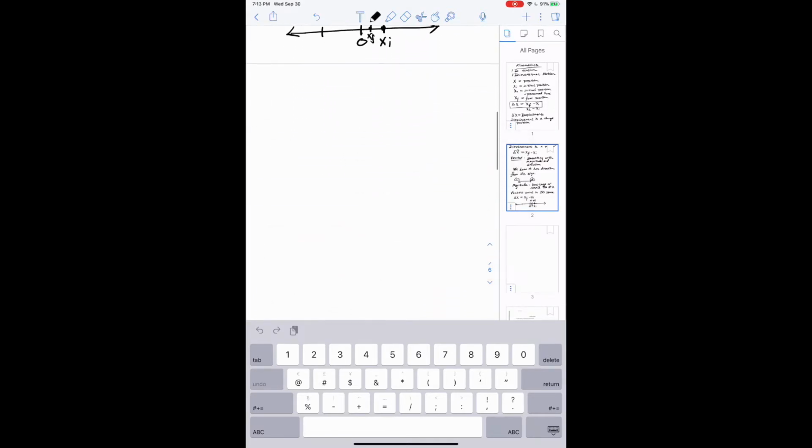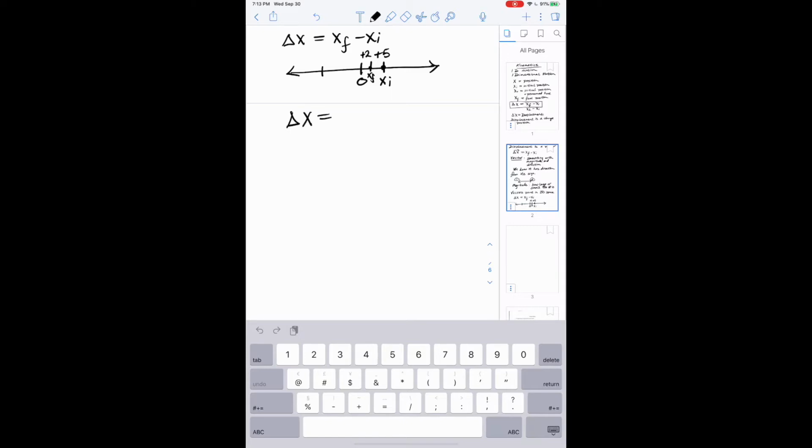So if we do the calculation, right, delta x equals positive 2 minus positive 5, right? This is 2 minus 5. So we see that this is going to equal negative 3.